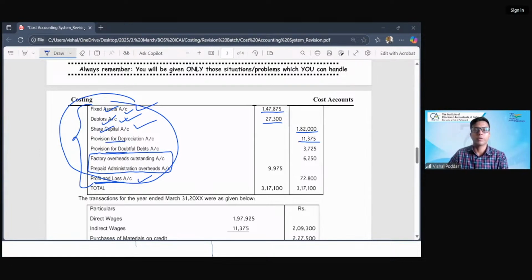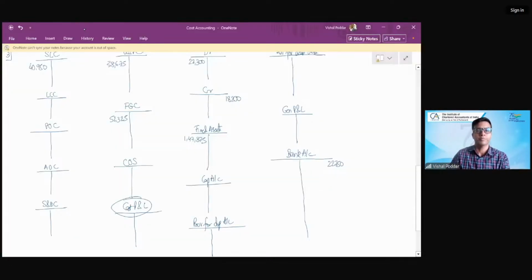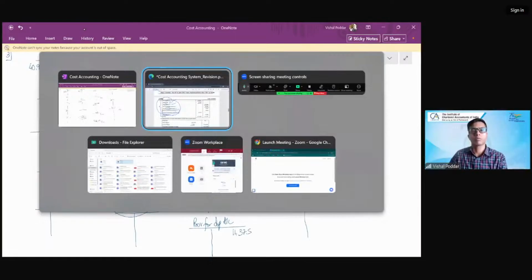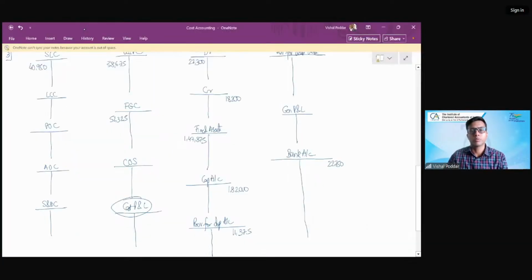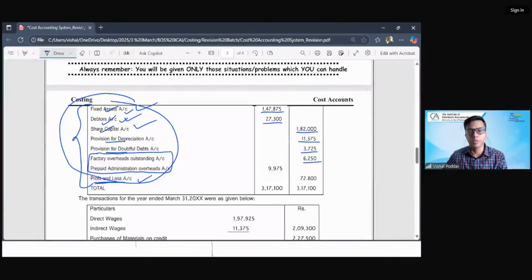Then 11,375, 3,725, 6,250. This is factory goods. 6,250 outstanding factory goods.